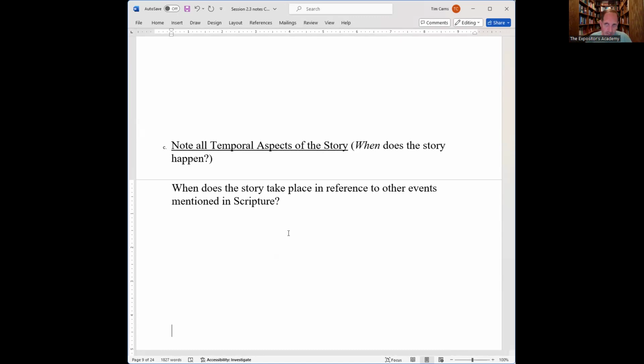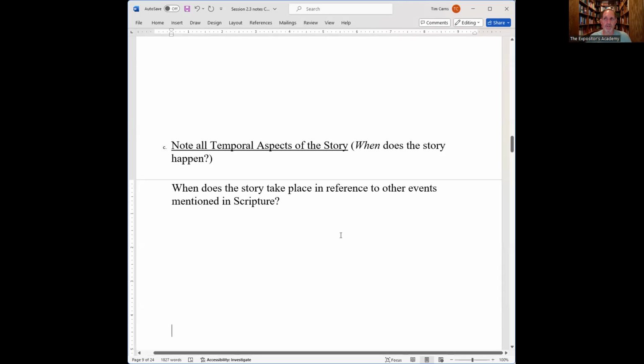Or if you're in one of the Gospels, the stories obviously cover the life of Christ, so it will be around the time period of his life and his ministry on earth. Sometimes in the story you'll be given more specifics, like during a Passover or some particular festival, or some time frame, a few days after a previous event.